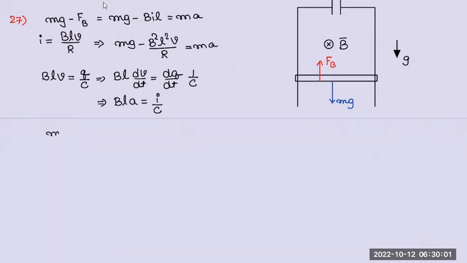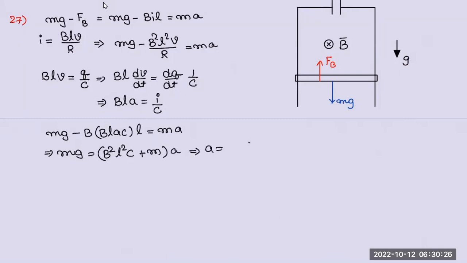So mg minus BLAC into L is equal to ma. I'll bring it to this side because A is there. That implies mg is equal to B square L square C plus m into A. Implies A is equal to mg by (B square L square C plus m).